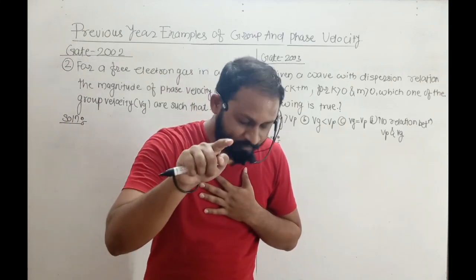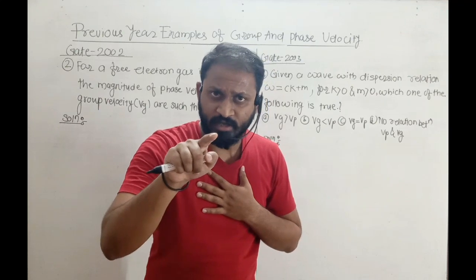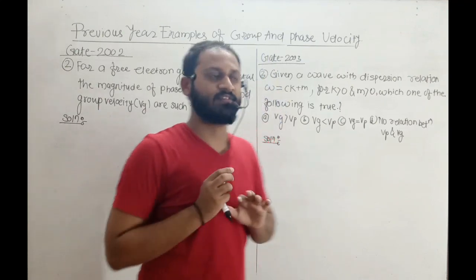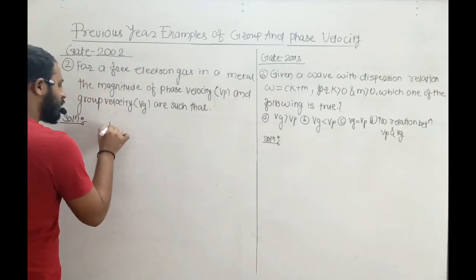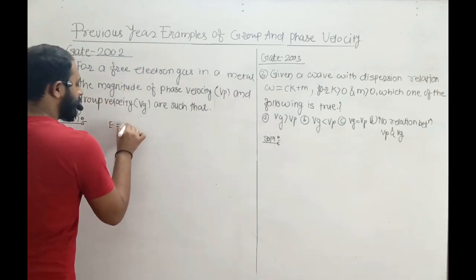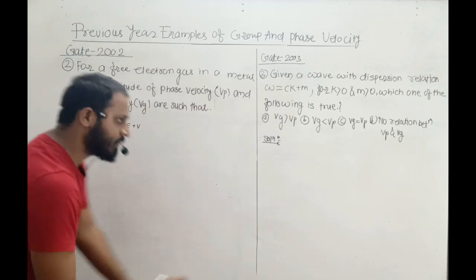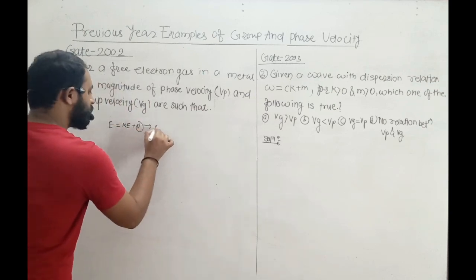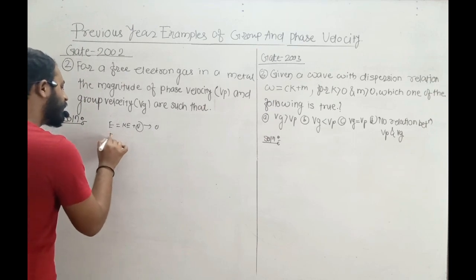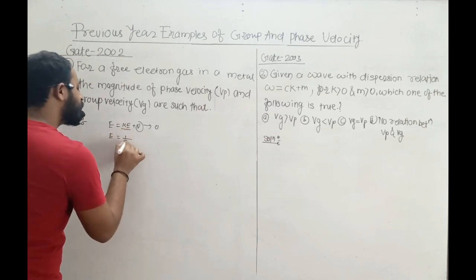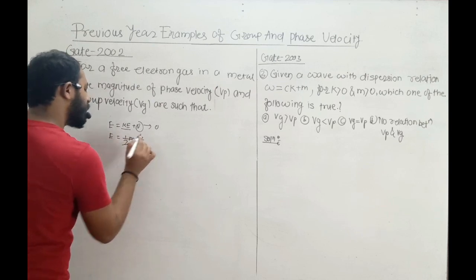If I am a free particle, I am only using my kinetic energy. Then what is the potential energy at that time? 0. Then what is my total energy? Just kinetic energy. Therefore, we know that total energy is nothing but kinetic energy plus potential, but when I am a free particle, what is my potential? 0. Then total energy becomes kinetic energy, and kinetic energy is half mv square.